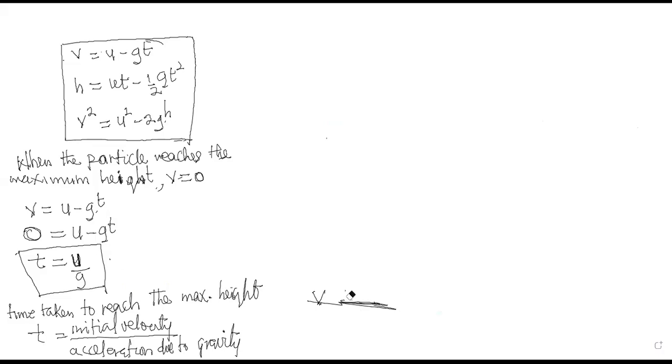Okay, so we have a relation to determine the time it takes the body to reach a certain maximum height. Now we are interested in determining the maximum height it could reach with a particular initial speed.